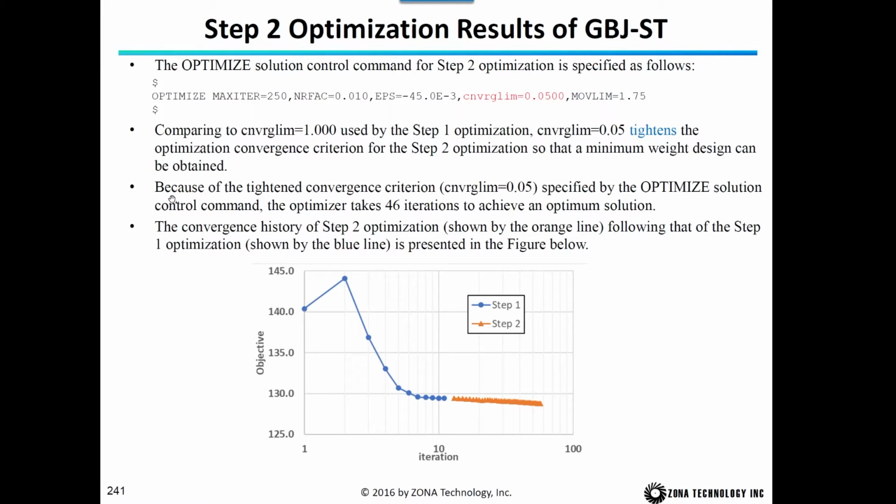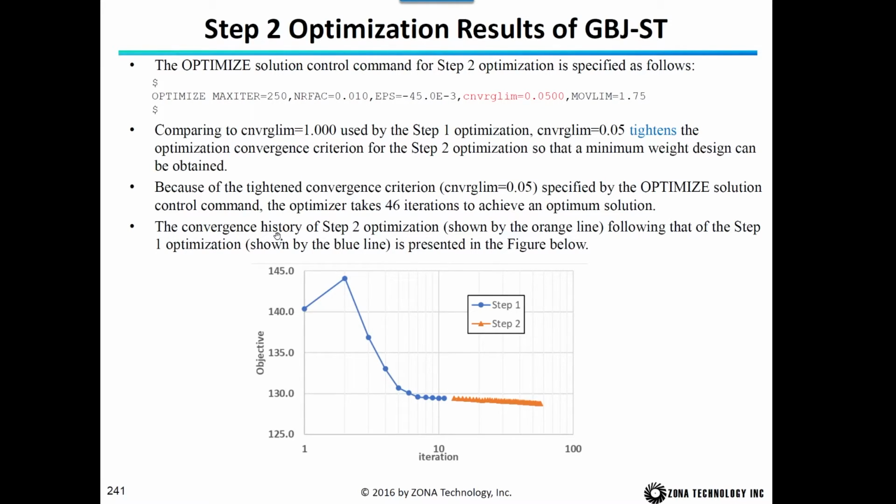Because of the tightened convergence criterion specified by an optimized solution control command, the optimizer takes 46 iterations to achieve an optimized solution.